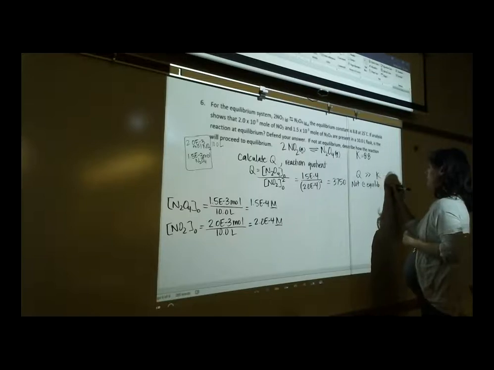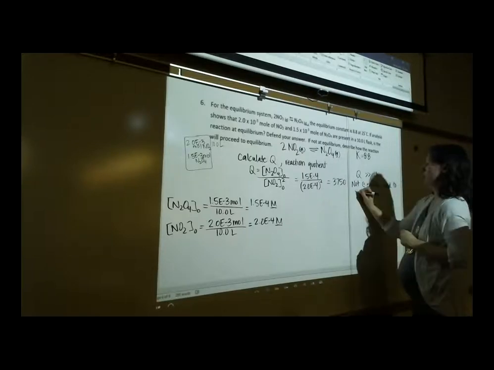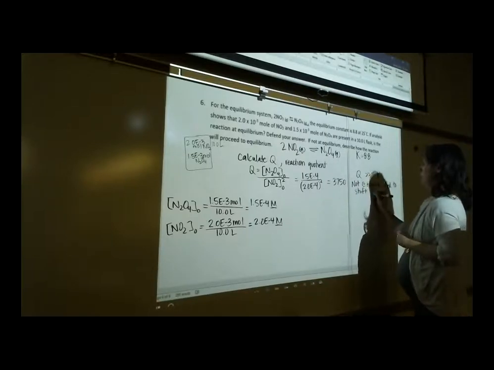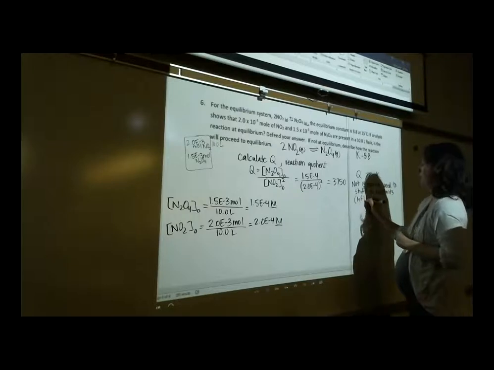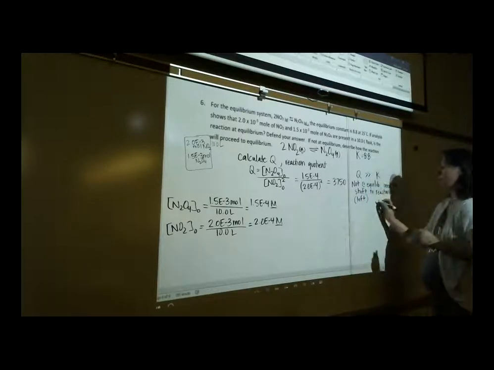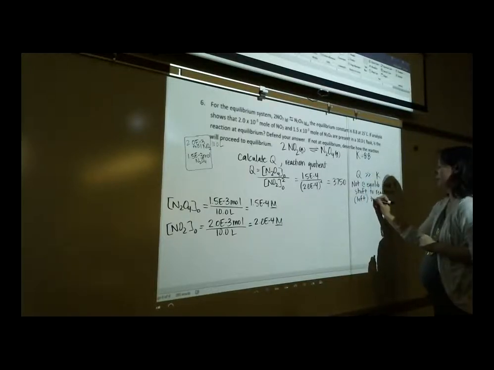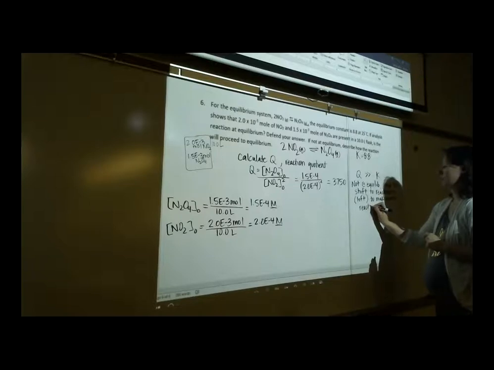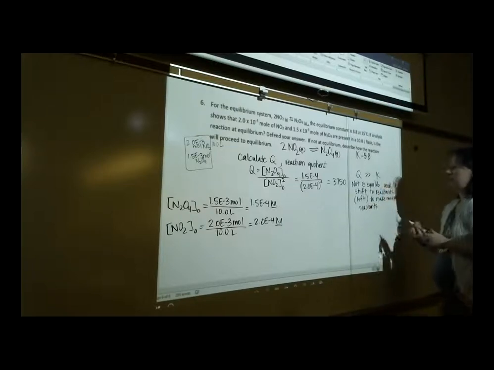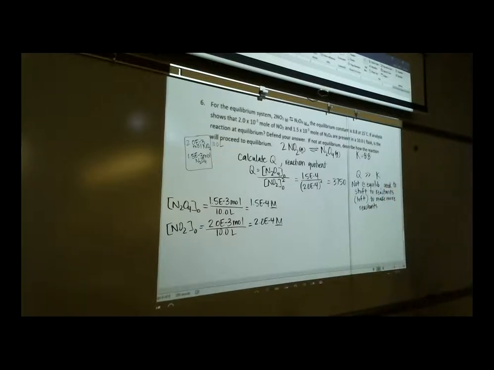We need to shift to the reactants, which, yes, is the left. We need to make more reactants. In other words, my denominator needs to go up.